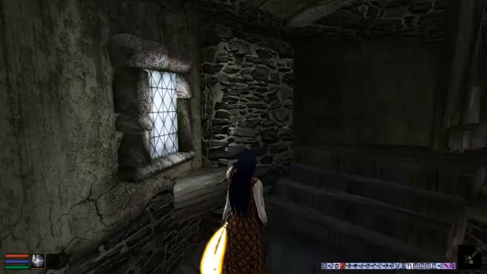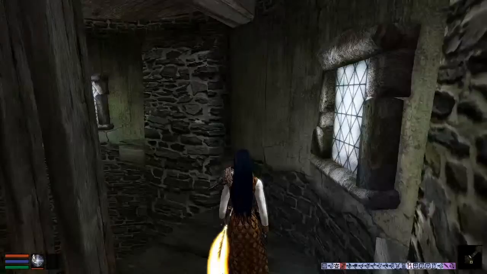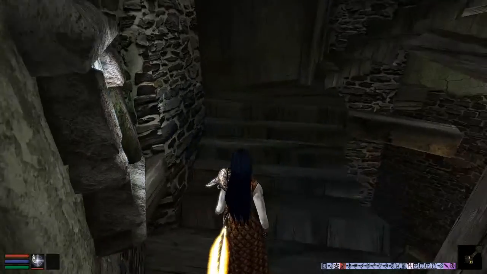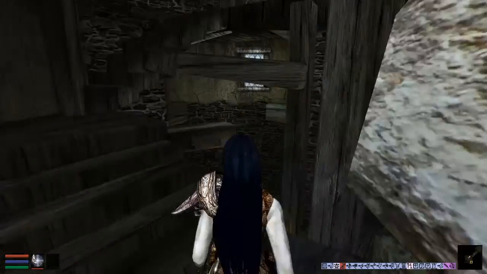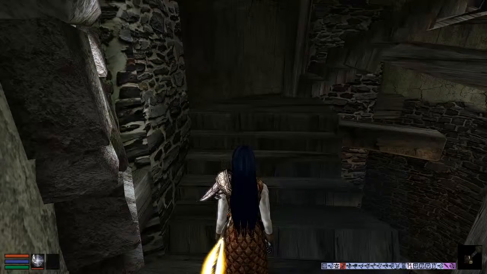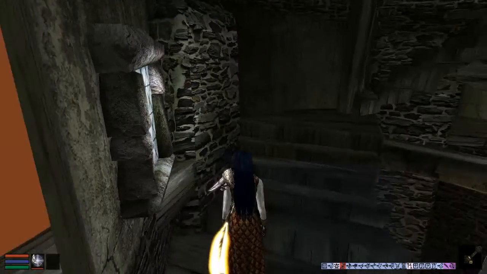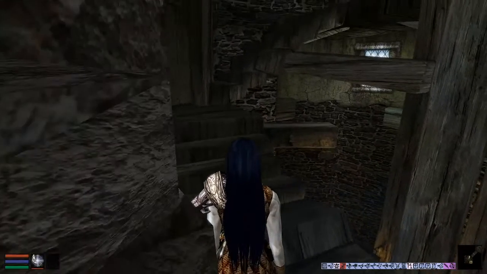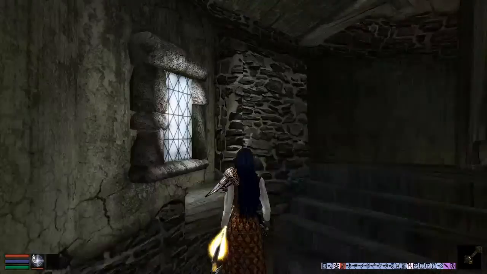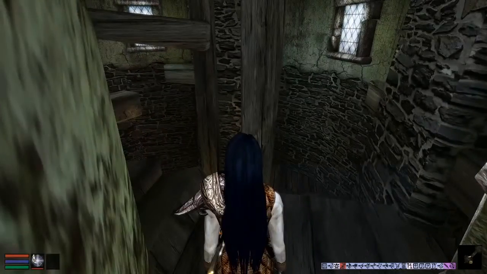And I want to show you the difference between my Windows Glow mod expansion and the MWSE Lua mod by Melchior Dark. The difference is that my mod is adding some real lights every now and then to the window, so as you can see, you can actually see the light.